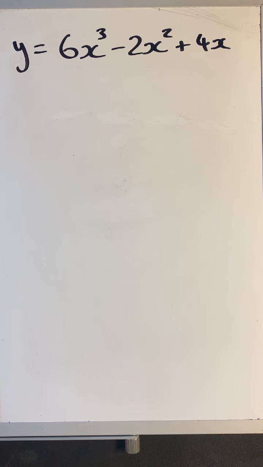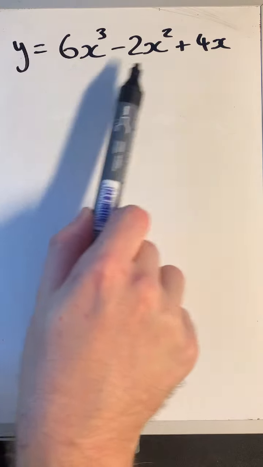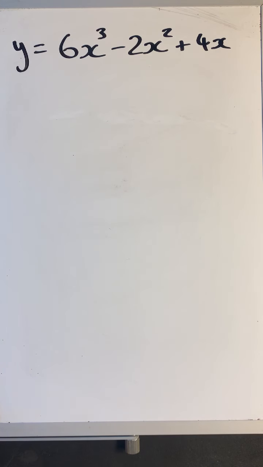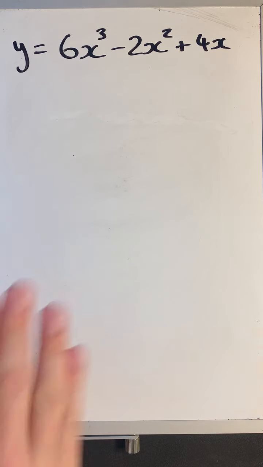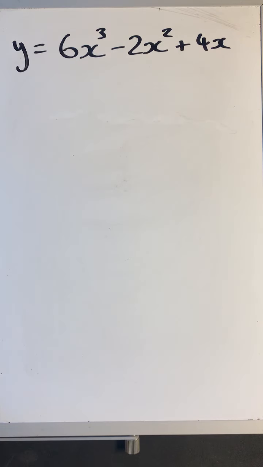Right, so when we've got something like this, what we've got to remember when we want to differentiate something is we want to have separate terms. So we want to have terms separated by positives or negatives, such as something we've got here. If we've got something multiplied together, what we want to do is either multiply those brackets out, if they're brackets, so we can get separate terms like this.